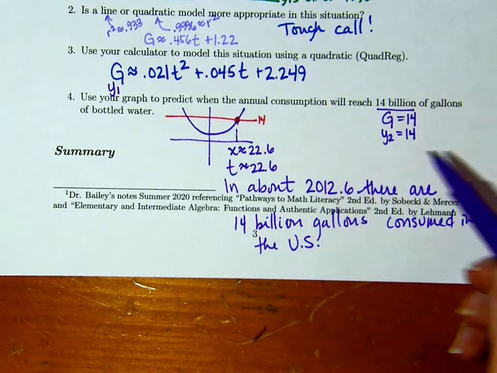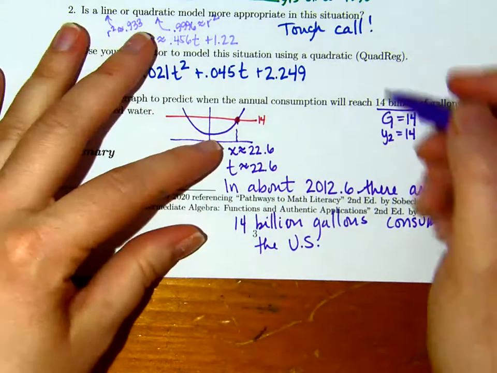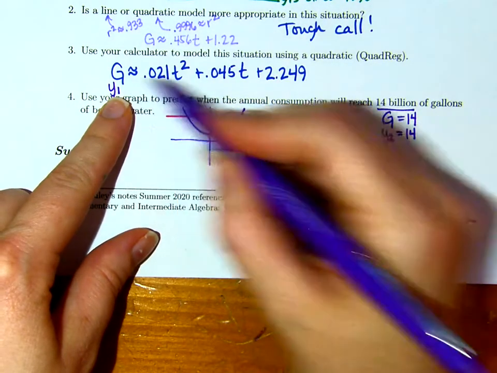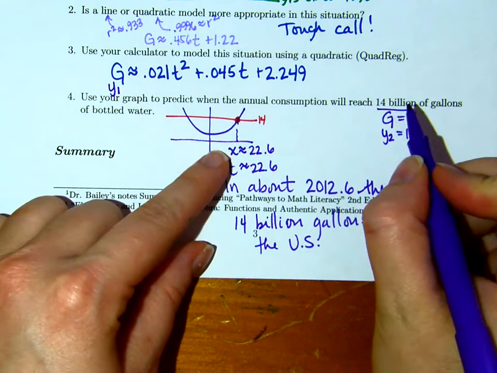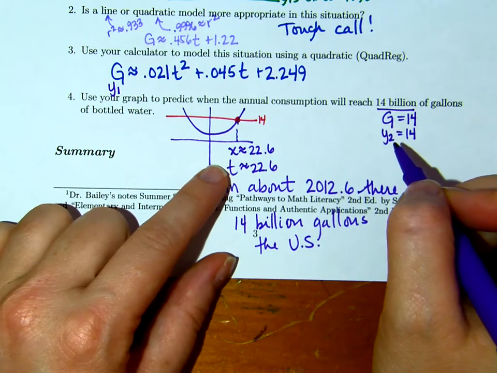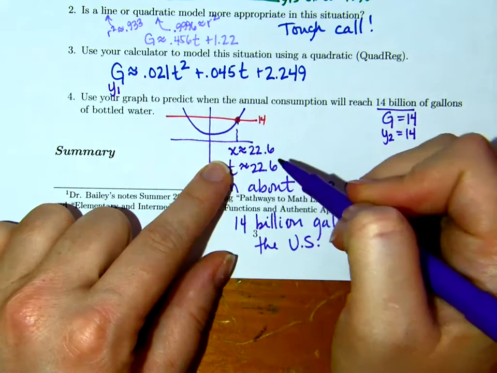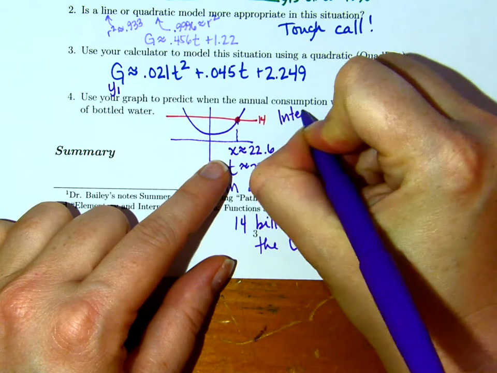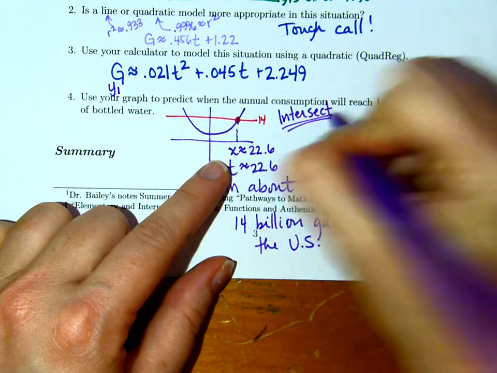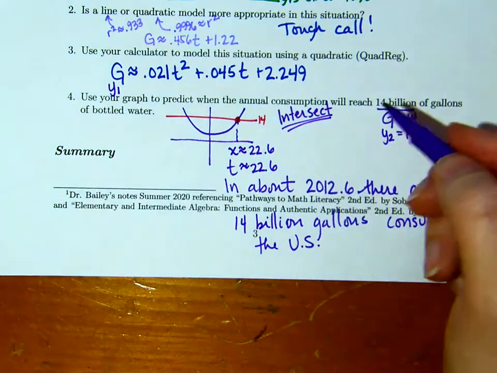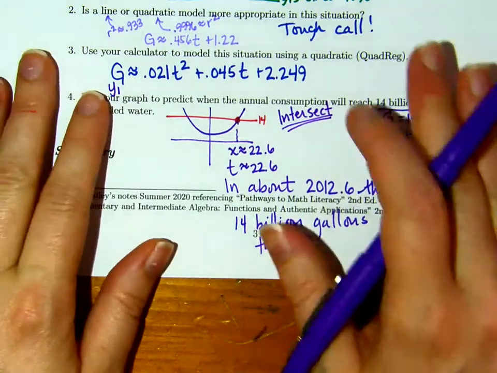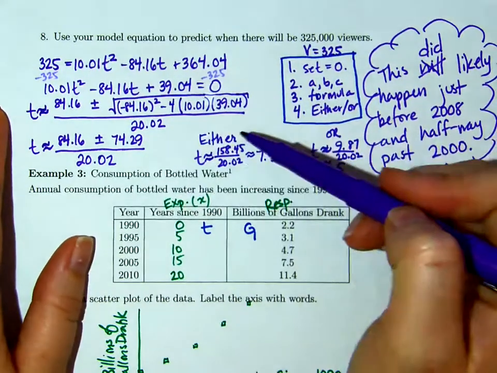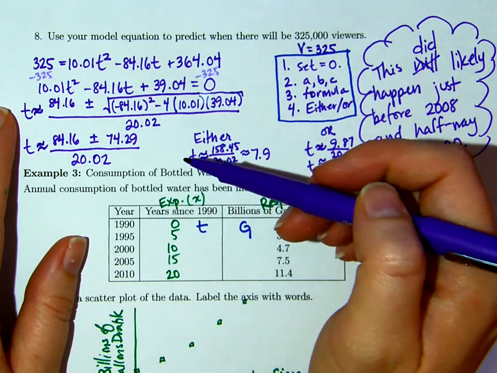In addition, this intersect function, so we put our model into y1, we put our value of gallons into y2, and then we used second calc intersect, in order to do in this problem what the quadratic formula did behind the scenes.